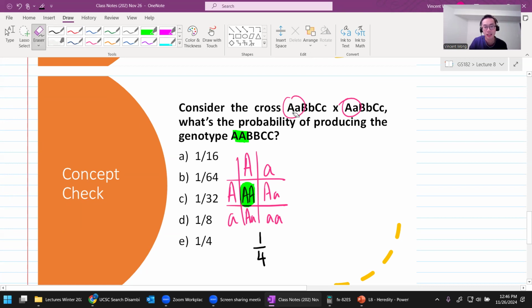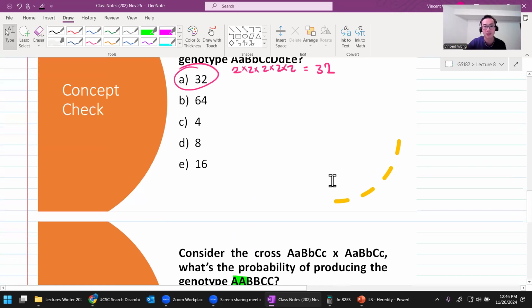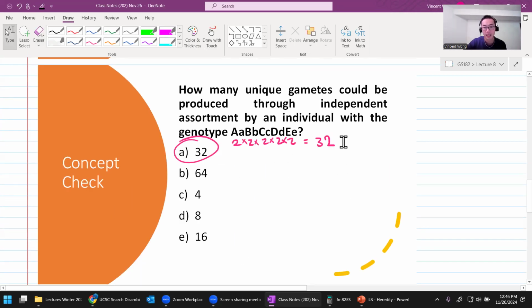Now, similarly, you can switch the letters A to B, which would also give you 1/4. And then you can do it for C as well, which is another 1/4. And if you want to figure out the combined probability, you would multiply them together. Just like if you want to figure out the combined combinations, we multiply.